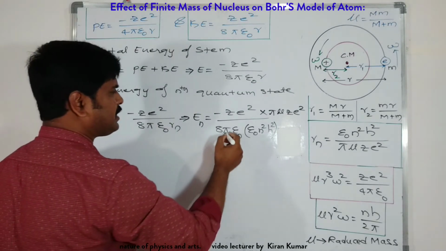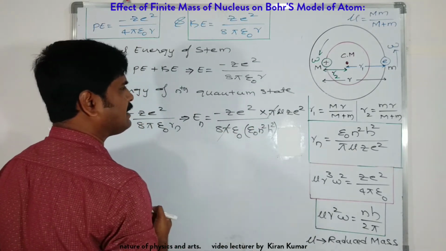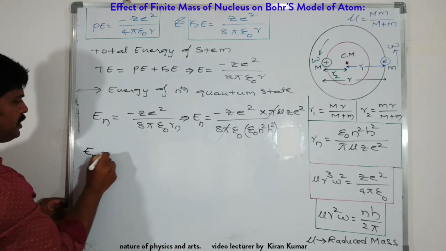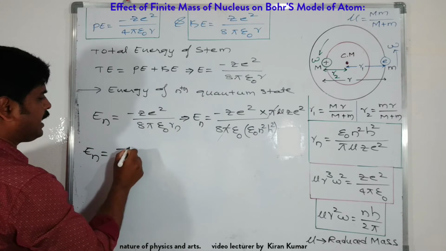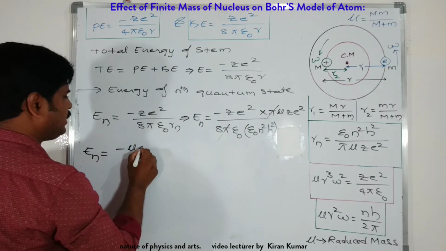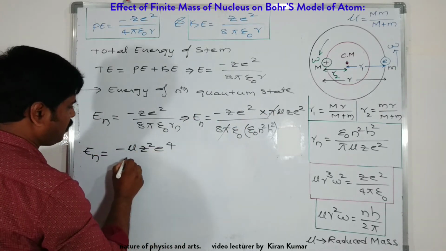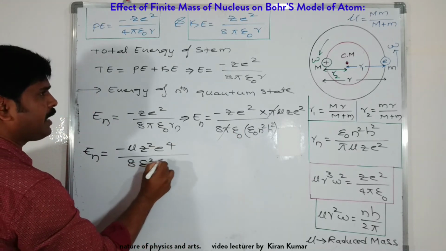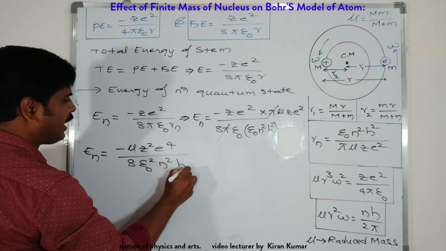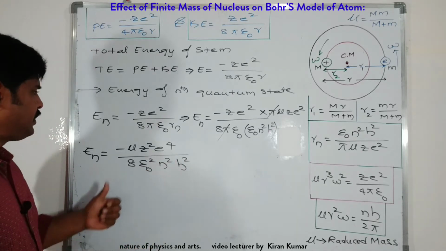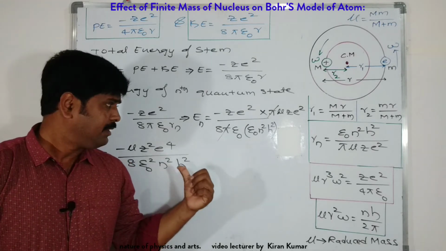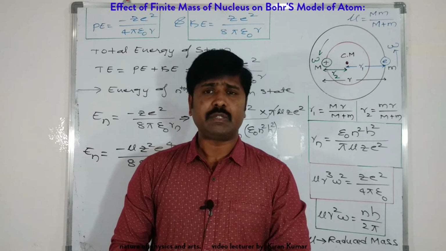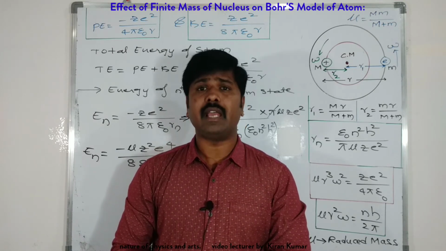Try to understand what gets cancelled here: pi gets cancelled. Then the resultant equation is En equal to minus mu Z square e to the power of 4 divided by 8 epsilon naught square n square h square. In this equation I am multiplying and dividing with small m, that is the mass of the electron.